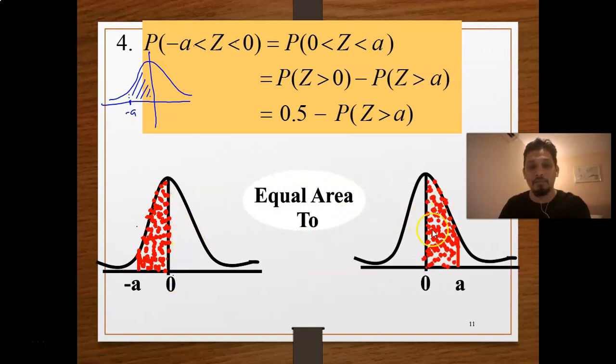There you go. So it is the probability of Z greater than 0, which means the whole area on the right side, 0.5, minus the probability of Z greater than A, this part here. So the left-hand part is 0.5 minus the probability of Z greater than A.